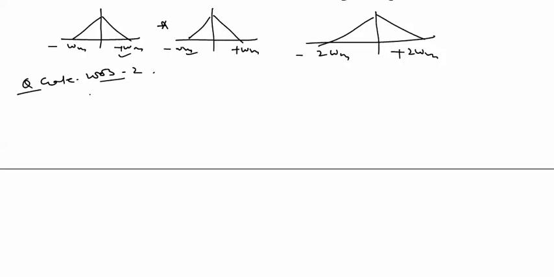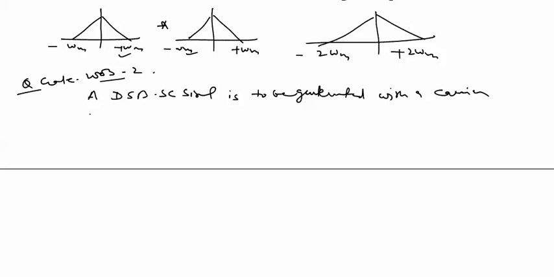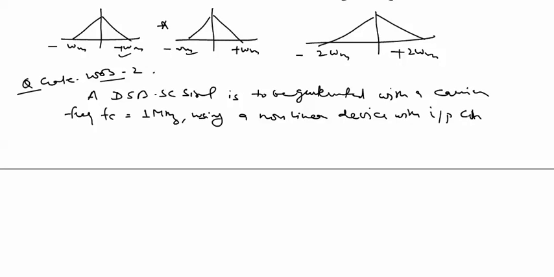A DSB-SC signal is to be generated with a carrier frequency fc of 1 megahertz using a non-linear device with input characteristic V out equals a0 V in plus a1 V in cubed, where a0 and a1 are constants, and the output of the nonlinear device can be filtered by an appropriate band pass filter.